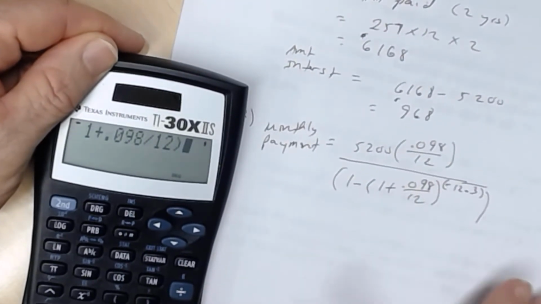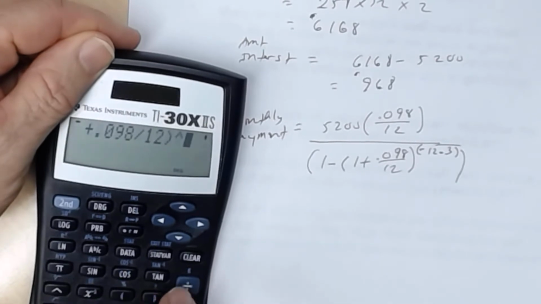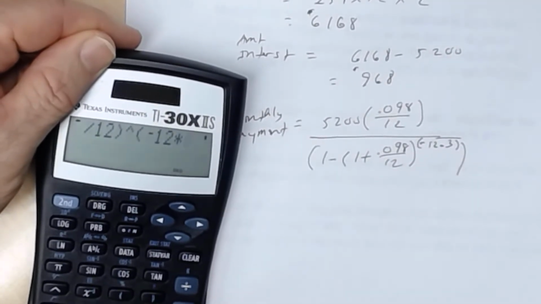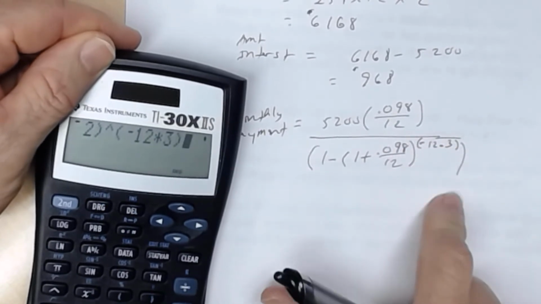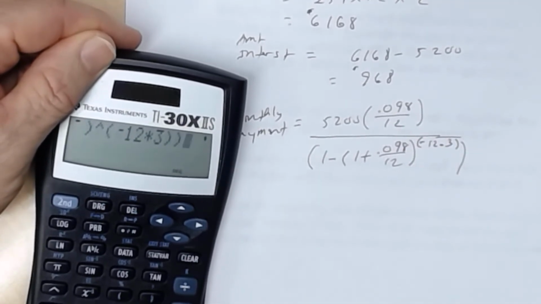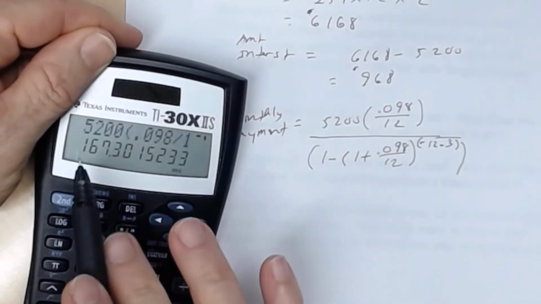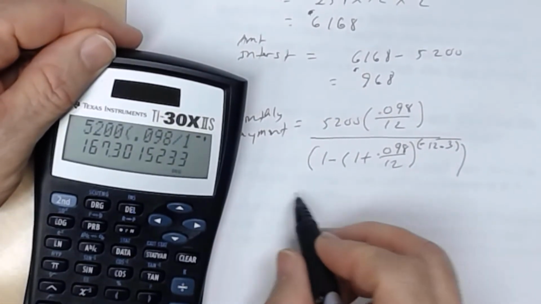Now we're going to raise it to an exponent, so raise to, parentheses, negative 12 times 3, close that exponent, and then close the denominator, and then let's see what we get. So we get, rounding to the nearest dollar, $167.